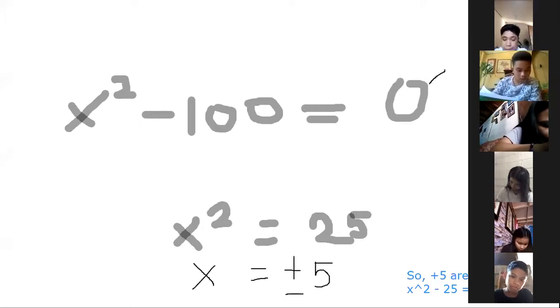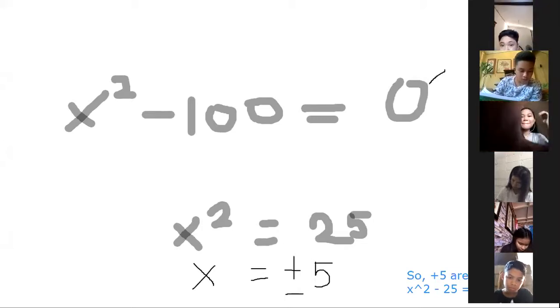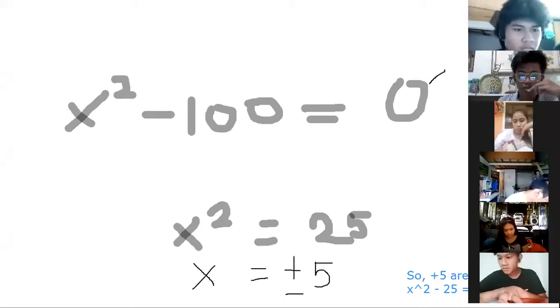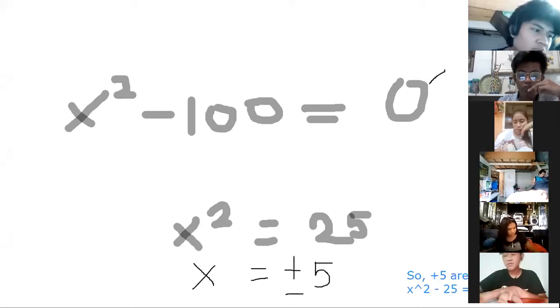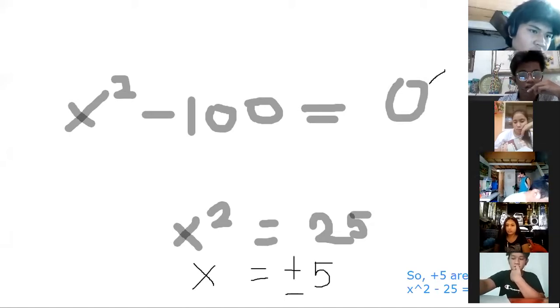Sige, check natin mamaya, Mark, ha, kung tama yung sagot mo. Okay, let's have Kim. Nakita ko si Kim nag-react eh. Ano yung sagot mo, Kim? Ano po, hindi ko pa nasulat yung conclusion, x equals positive minus 10 lang po yung nasulat ko. Sige.